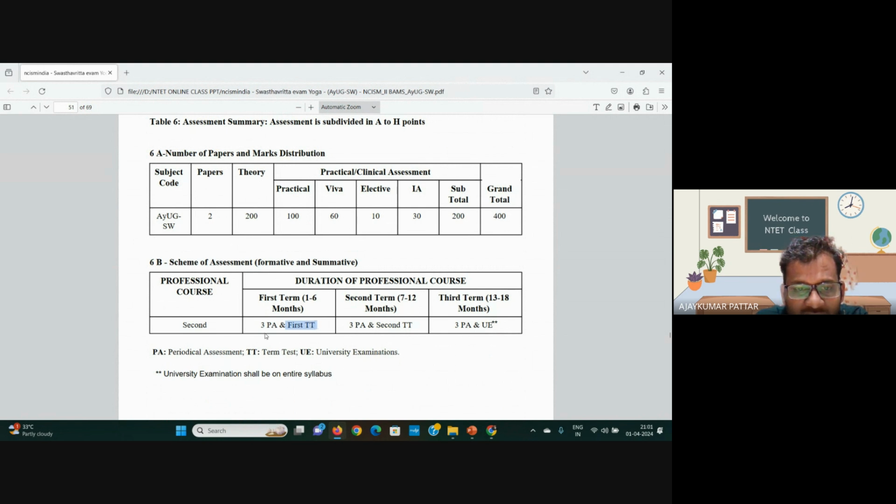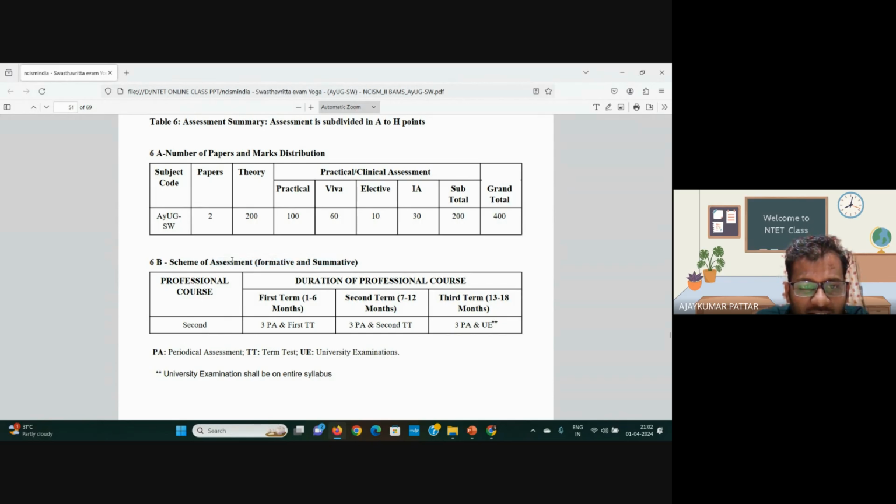These 3 periodical assessments and the first term test are considered formative assessment or formative evaluation. That's why I'm telling you that evaluation and assessment are used interchangeably. Don't get confused, but remember both have some difference, though they are used interchangeably.